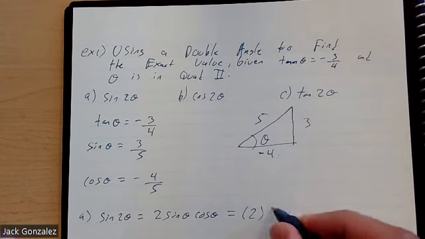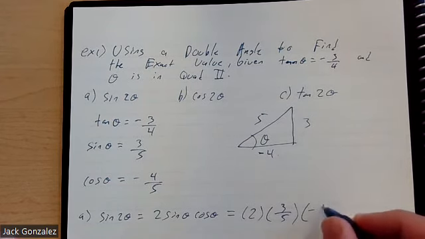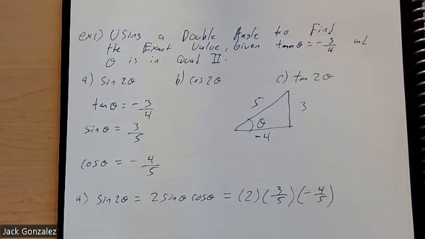So 2 sine cosine. 2 times 3 over 5 times negative 4 over 5.